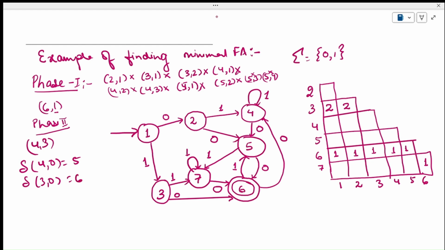And cell 5 6 is already marked. So I will mark cell 4 3. Now again repeat the process for the next row, that is 5 1, 5 2 and so on.